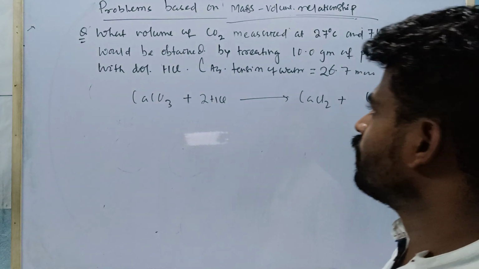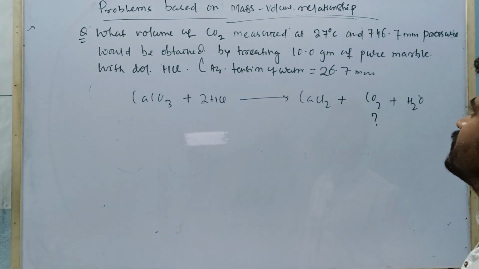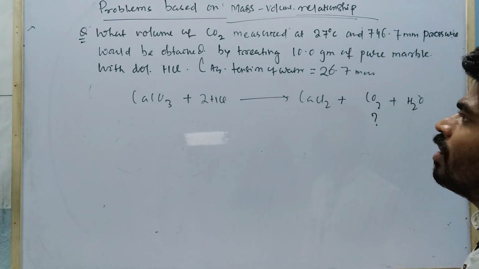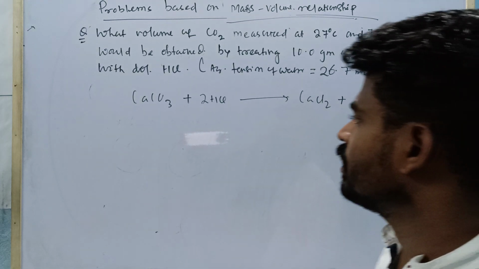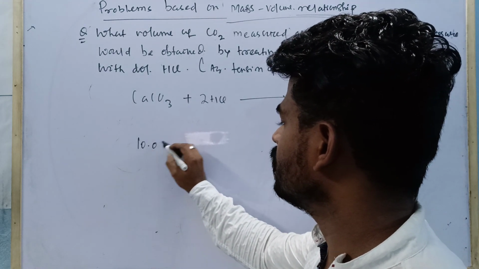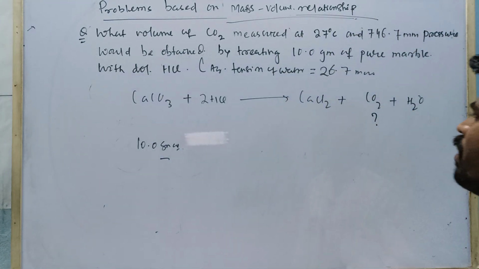I have written this example already. Okay, what volume of CO2 is obtained by treating 10.0 gram of marble? So you can easily calculate the volume of CO2.